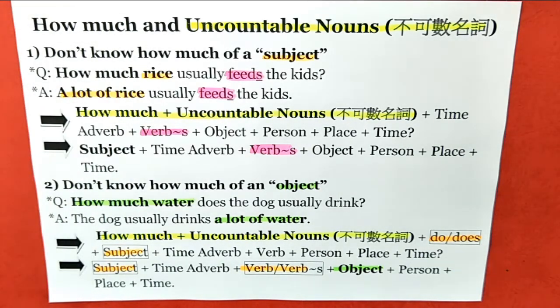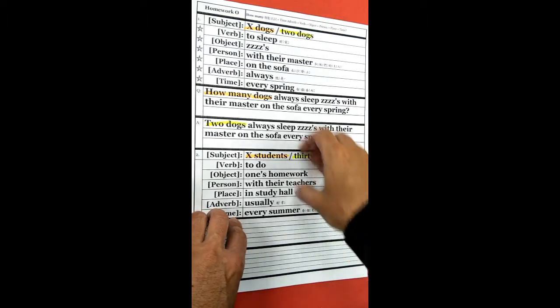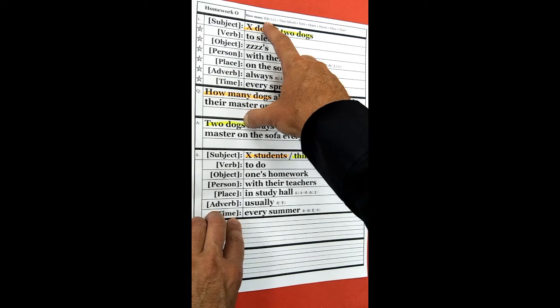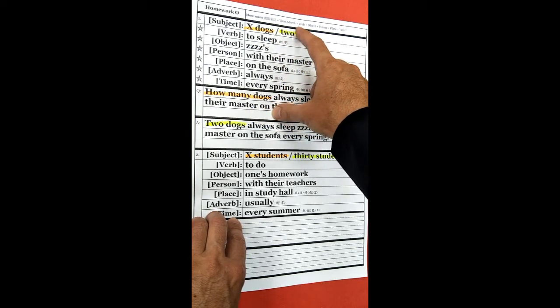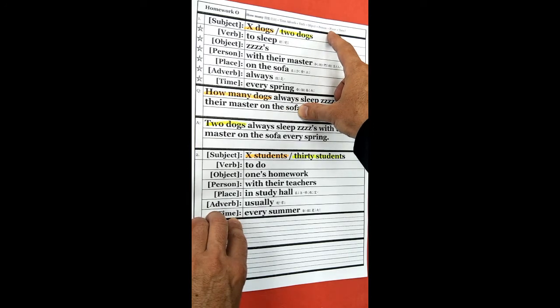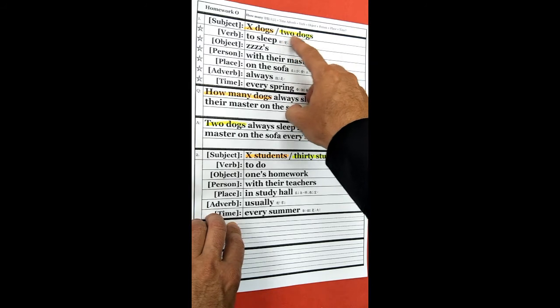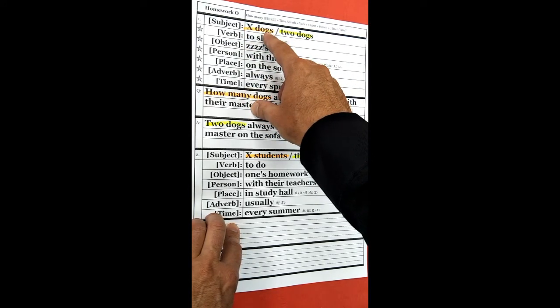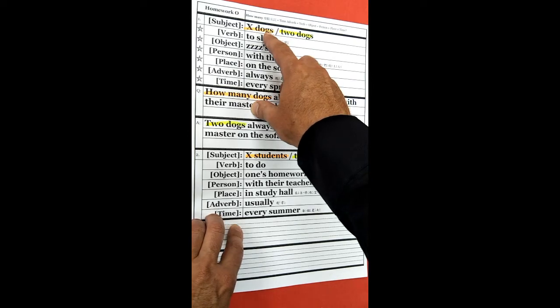Okay, very good. Let's begin with homework. How many plus plural noun plus time adverb plus verb plus object plus person plus place plus time. The answer is 2 dogs, but we need how many dogs as the question. So look what I've done.